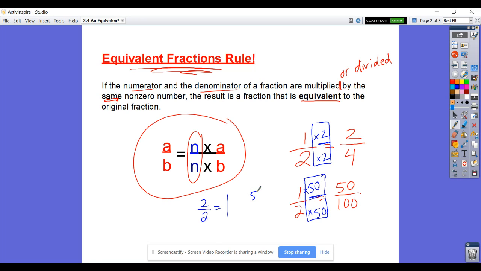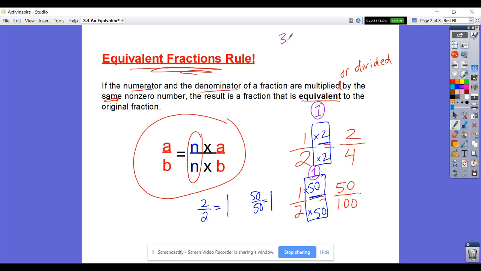If we considered a fraction 50 over 50, you would say that's obviously the same as 1 whole. So basically here, even though we're multiplying by the same number, numerator and denominator, it's really like you're just multiplying by 1.